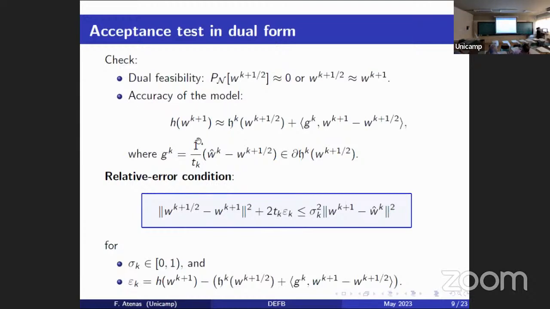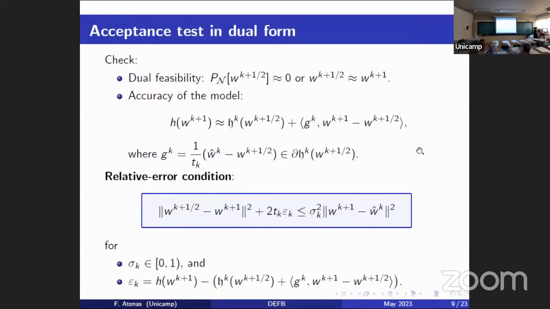And here epsilon is nothing different from the left-hand side minus the right-hand side. And this is non-negative because the models are lower models of the objective function, a lower estimate because it comes from the subgradient inequality. So this epsilon here is non-negative. So we assess two things: dual feasibility and accuracy of the model in terms of how close we are to the current center. And this relaxation term here, sigma, lies between 0 and 1. Okay, so this is the relative error condition.